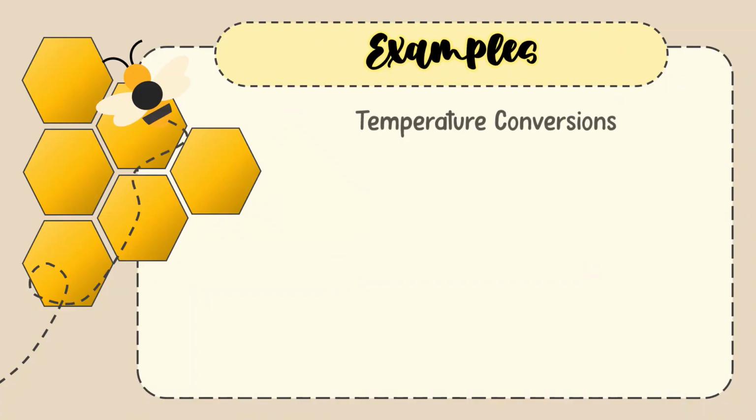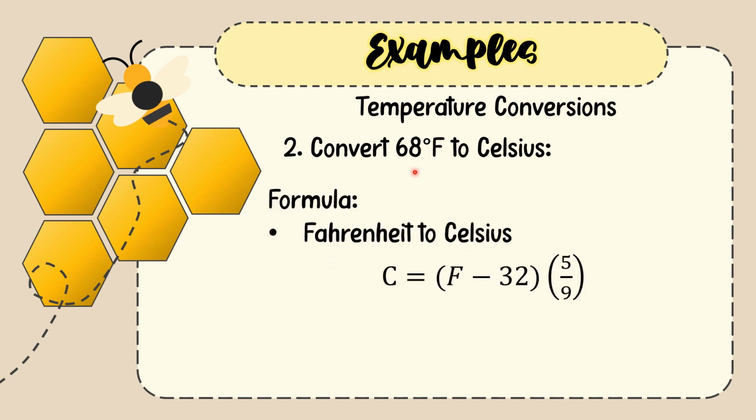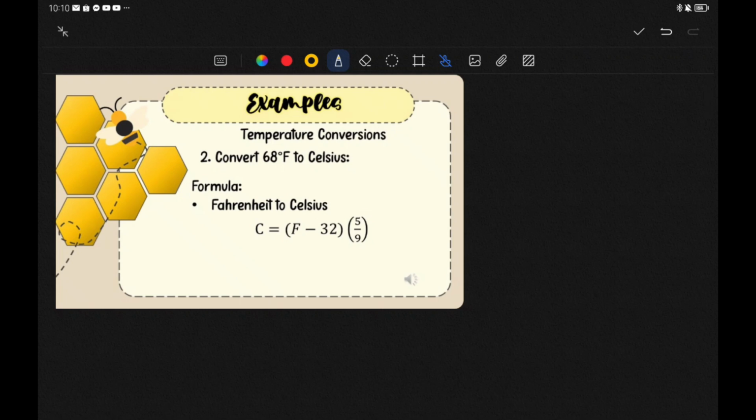Next example, we are going to convert 68 degrees Fahrenheit to Celsius with the use of the formula Fahrenheit to Celsius. Now let's have example number 2. Convert 68 degrees Fahrenheit to Celsius. So we have here the formula.